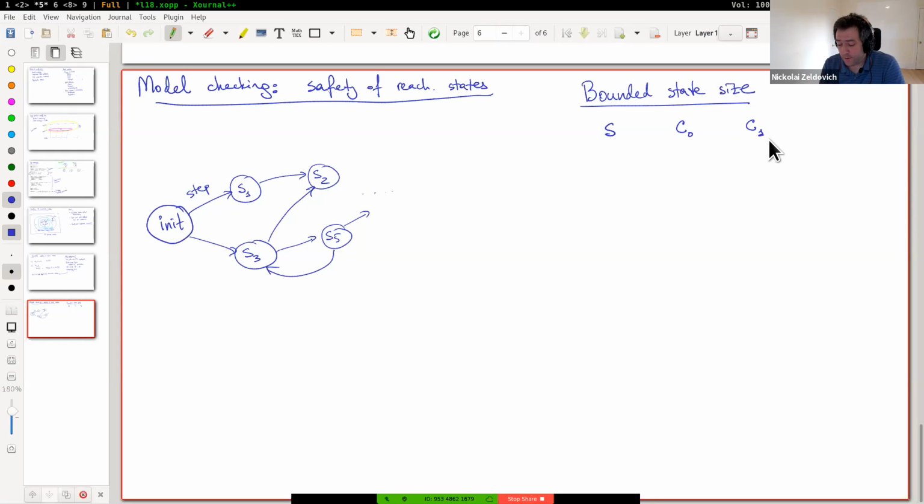And the state of the system, if you recall, is really defined by those relations. So we have the relation, the semaphore of S, which is the server holding the lock. And then we have the link relations that say whether a given client is holding a lock. And we have that for all of our clients, including C0 and C1.